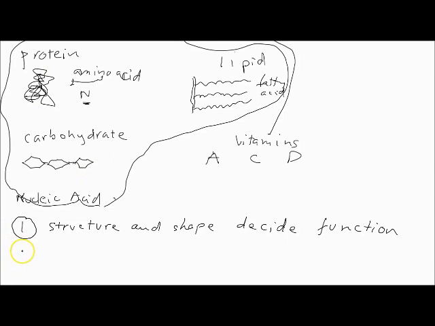The second point that you need to remember is that all metabolic pathways happen in an aqueous environment, meaning your cells are full of things that are dissolvable in water, which means that solubility is going to play a great role in deciding the functions of things.